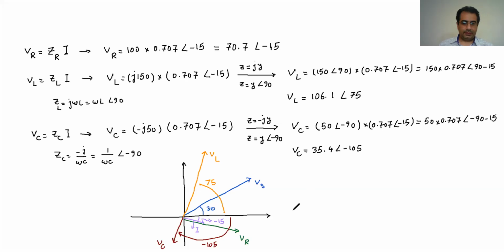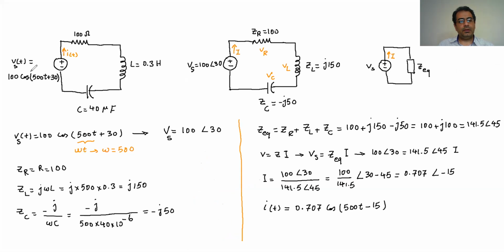So one more time. The easiest way of doing all these things is that whenever you have a circuit in AC, convert all the sources to phasors, and convert all the resistance, inductance, and capacitance to impedance.